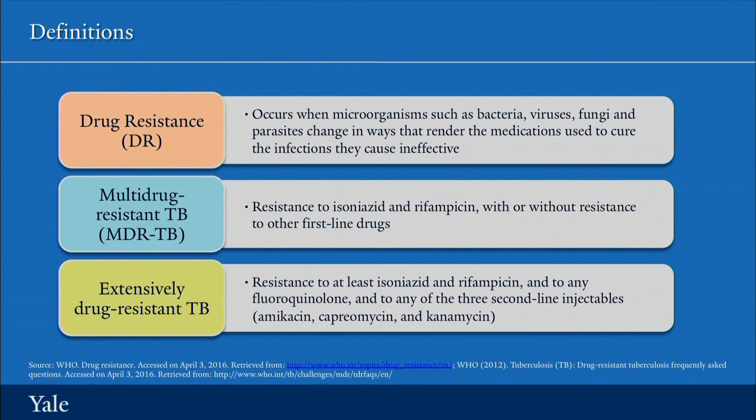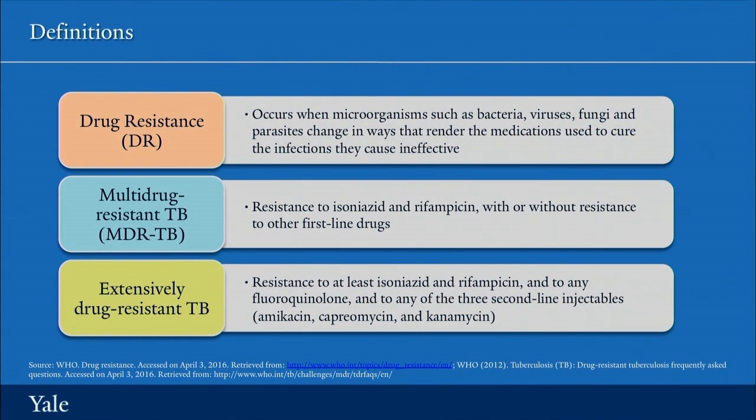Sometimes isoniazid and rifampicin no longer work on the TB from which people suffer. But sometimes they can have what's called extensively drug-resistant tuberculosis, and even more of the TB drugs that we have fail to address the tuberculosis that's making them so sick.